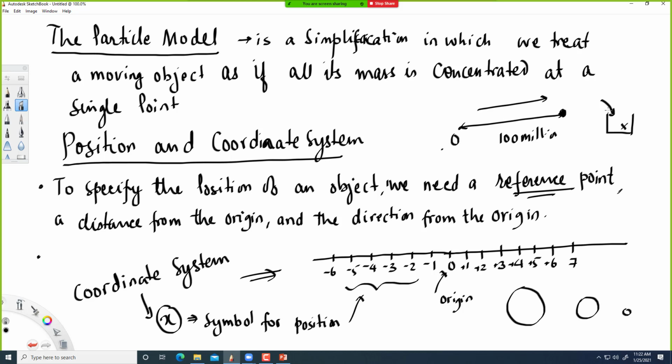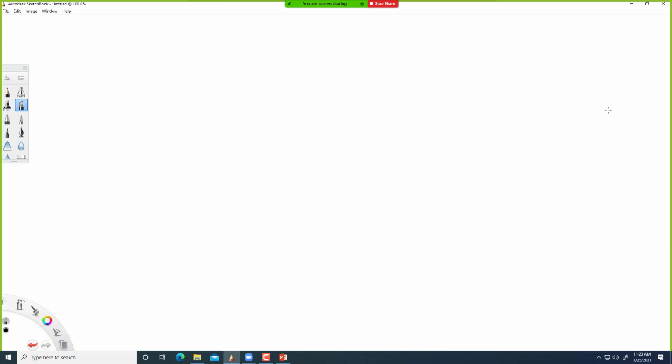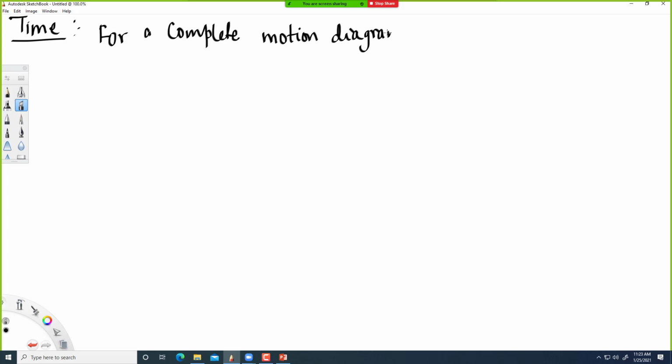So that's about the representation of motion. And when we represent the motion, we also need to talk about time, because time also plays a very important role in defining motion. So for a complete motion diagram, I showed you how to represent motion on a line.